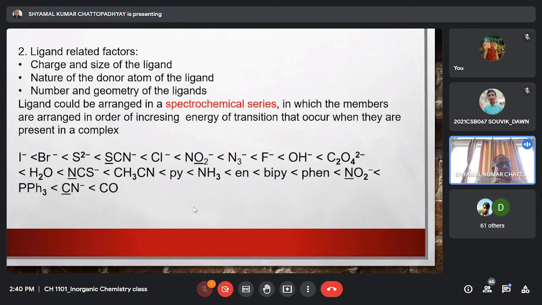But the fact is that, since most of the ligand atoms are negatively charged, increasing negative charge leads to greater electron-electron repulsion within the ligand electronic cloud, and as a result, as charge increases, the size increases. So charge and size very often act in opposite directions.